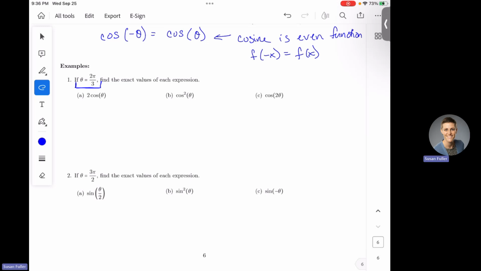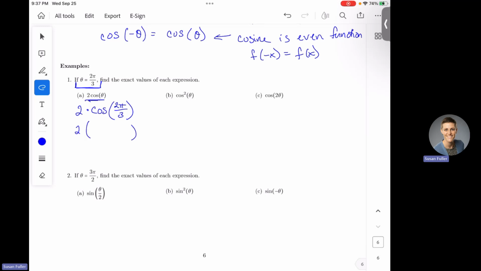So if I want 2 times the cosine of theta, what I'm going to do is figure out what the cosine of 2 pi over 3 is, because that's my theta value, and then I'm going to multiply it by 2. That's what this is really telling me. It says take 2 and multiply it by the cosine of theta.